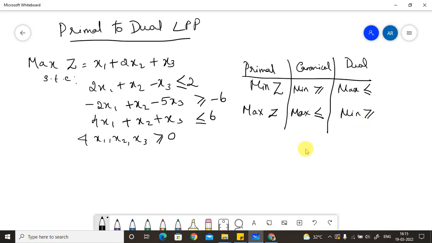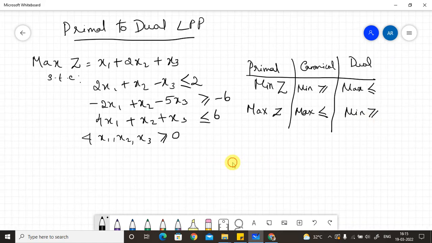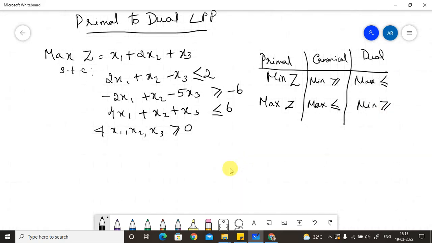So I'll explain the algorithm with the help of this problem here. Let me first convert the given problem into the canonical form.